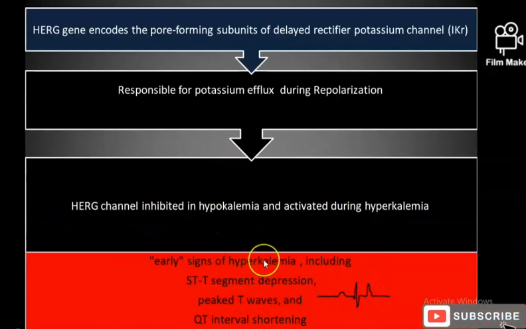So the early sign of hyperkalemia on the ECG could be a peaked T wave because of rapid repolarization, and the QT interval becomes short. So it is the early sign of hyperkalemia.